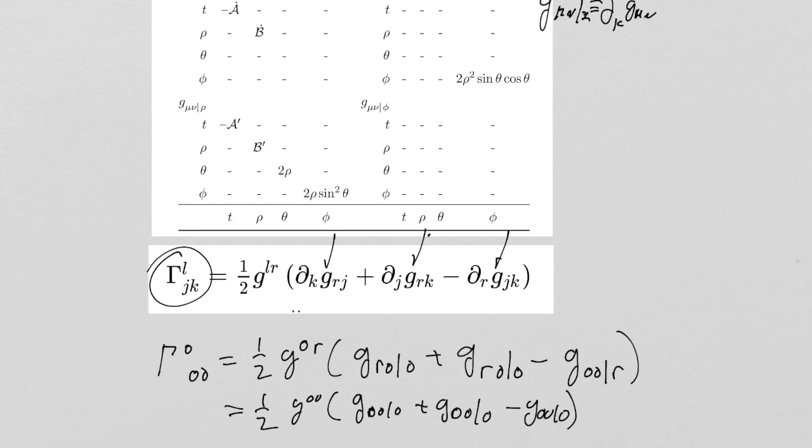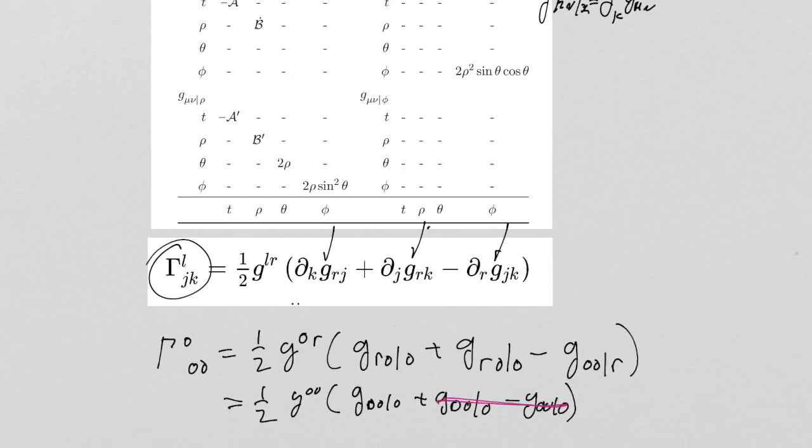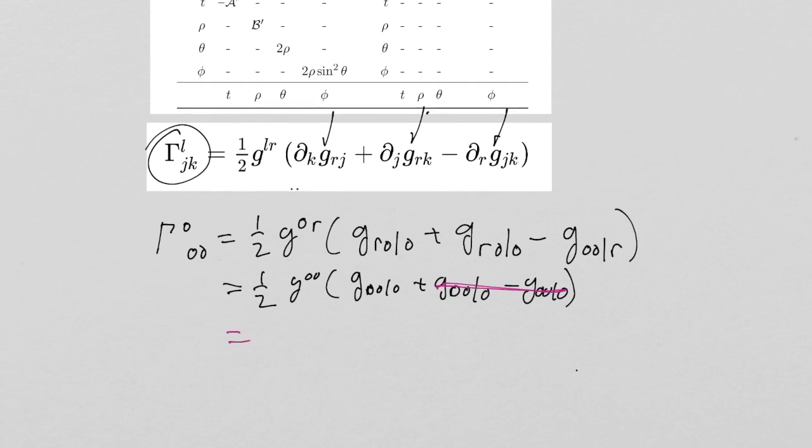These two cancel. Let me see, cancel like that. And so you get this equals 1/2 times minus 1 over A times minus A dot, which equals 1/2 A dot over A.